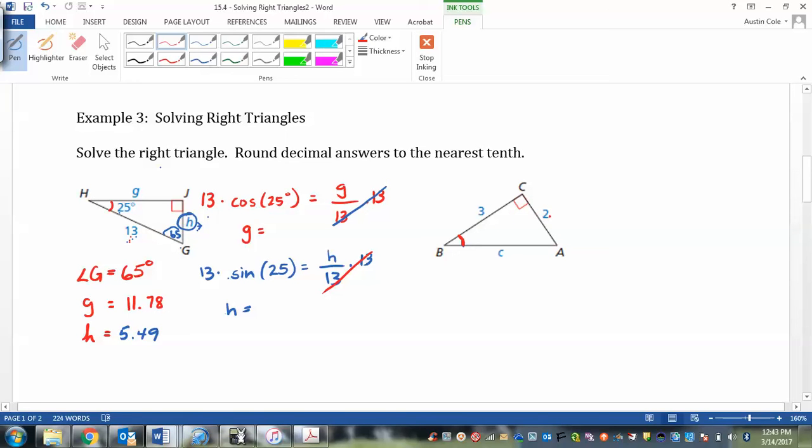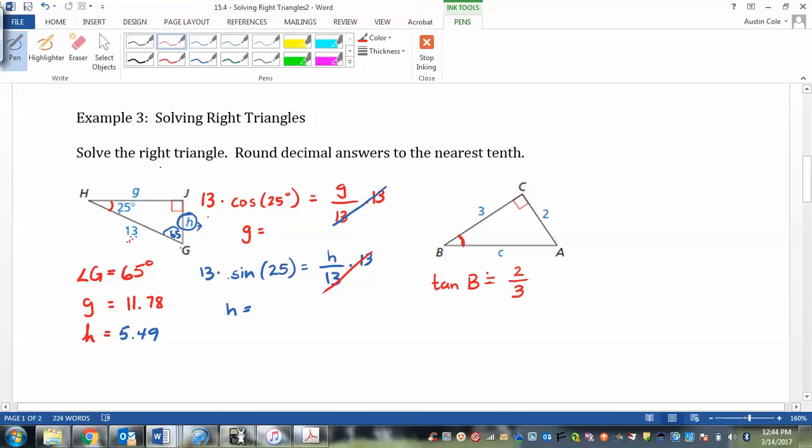Isn't this opposite over adjacent? Opposite and adjacent is tangent. So the tangent of angle B is going to equal the opposite, which is 2, over the adjacent, which is 3.